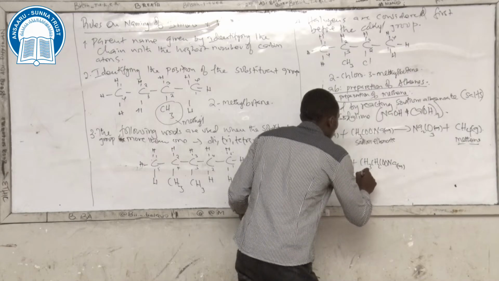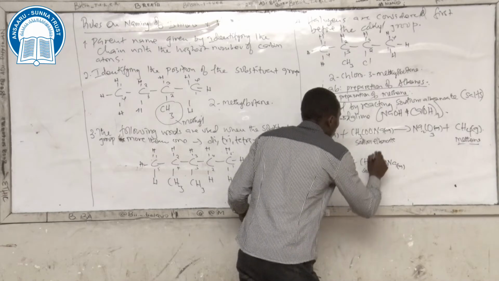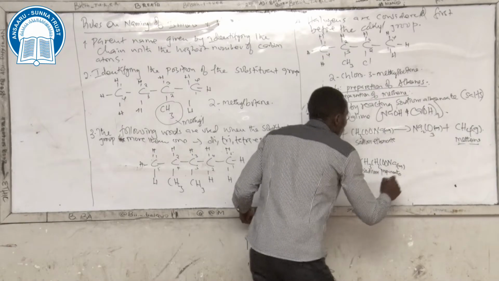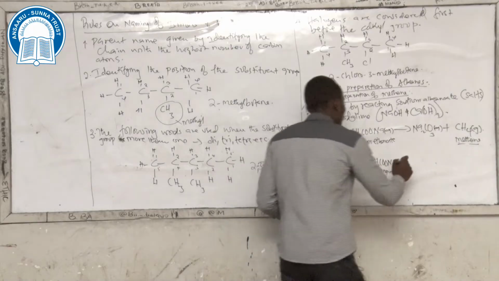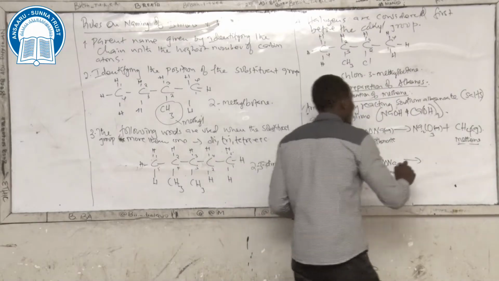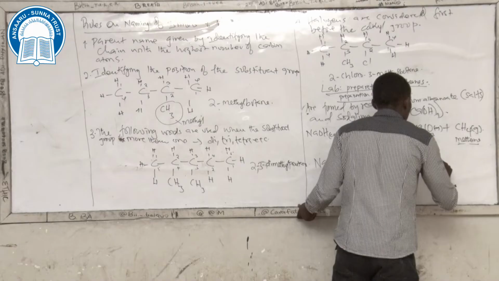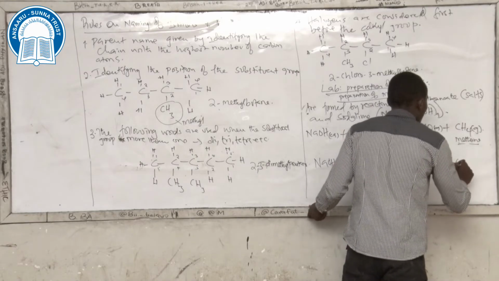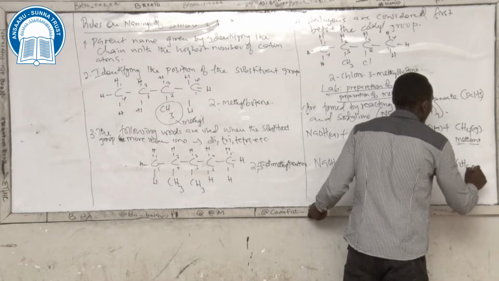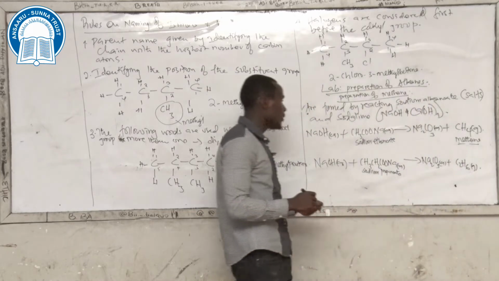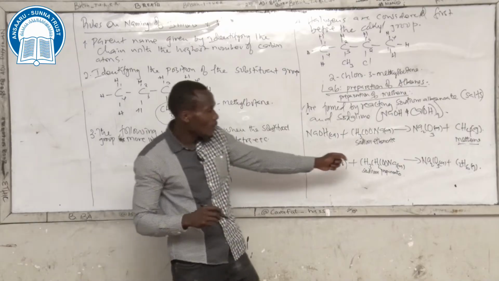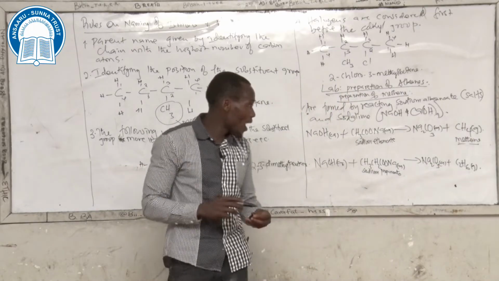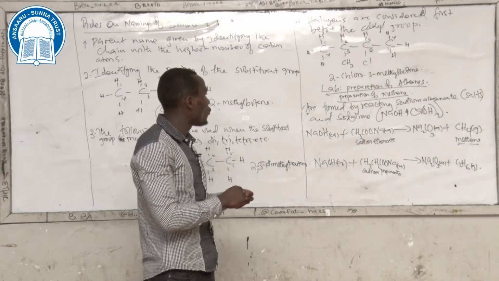This is sodium propanoate. We are reacting it with sodium hydroxide, giving us sodium carbonate, aqueous, plus C2H6 gas. We have already prepared ethane gas.